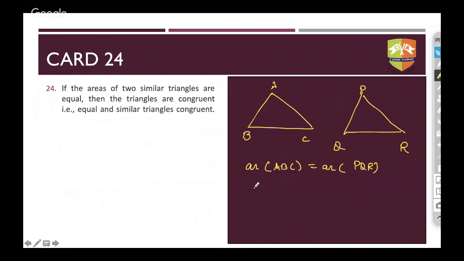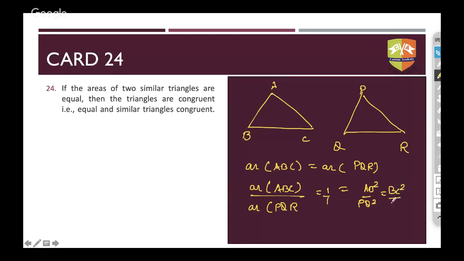That means area of triangle ABC divided by area of PQR is 1, which is equal to AB square by PQ square is equal to BC square by QR square is equal to CA square by PR square.